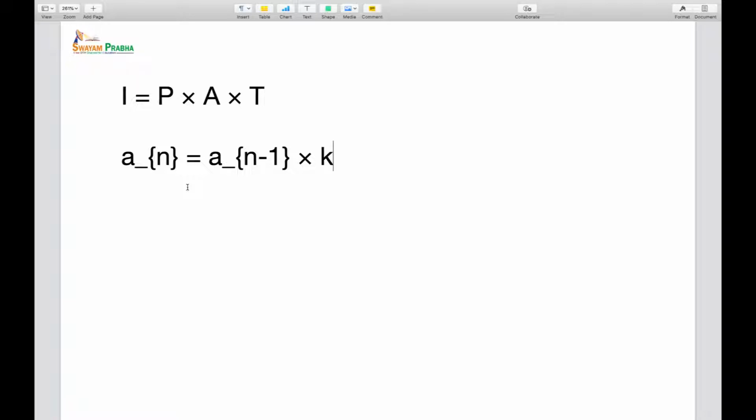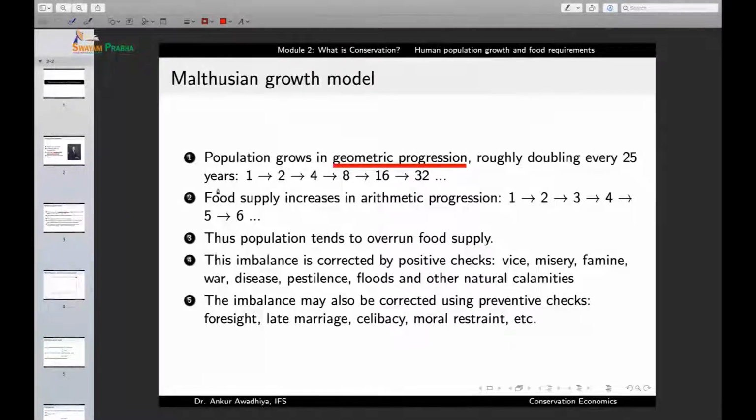And in this case, Malthus saw that the population was doubling. So the factor k here is 2, because 2 divided by 1 is 2, 4 divided by 2 is 2, 8 divided by 4 is 2, and so on. So every term in the series is the previous term multiplied by this constant k, which is 2.